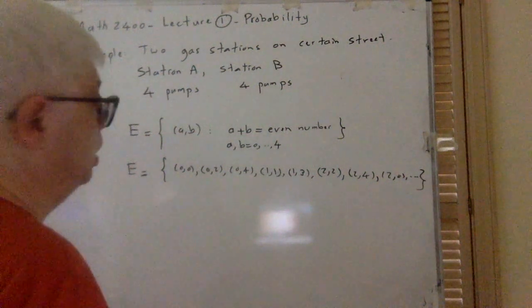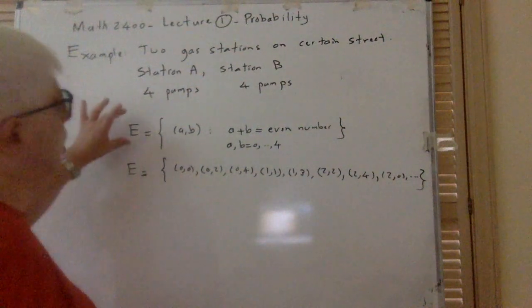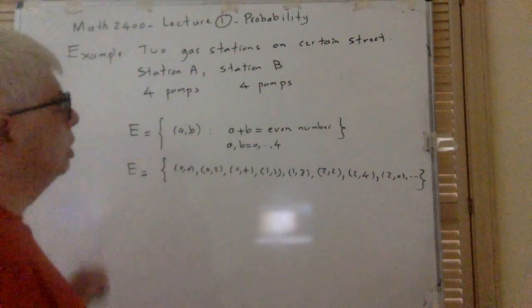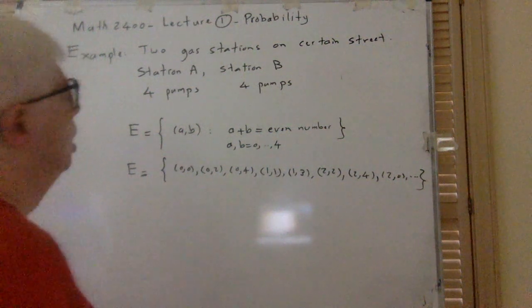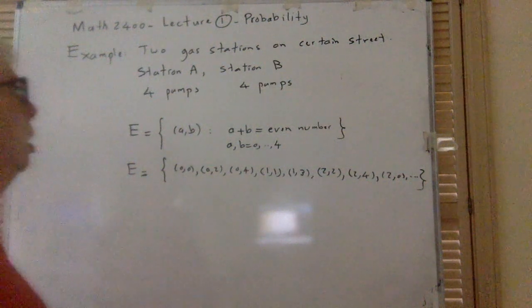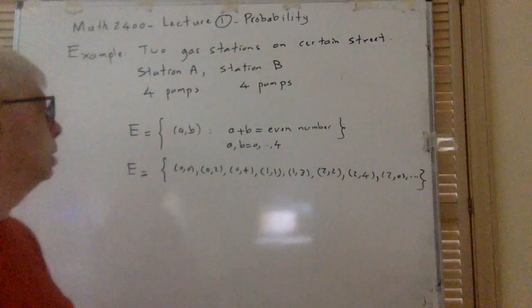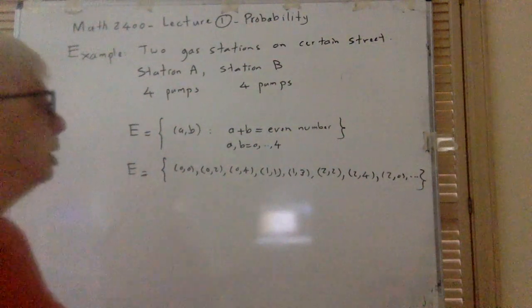But if we need the number of elements in E, then we have to come up with a way to count them. Anyway, this is a sample space and an event of an experiment that can really happen in real life.